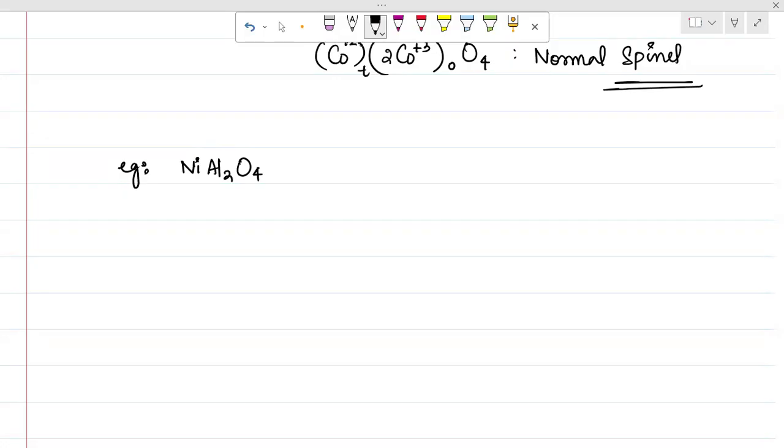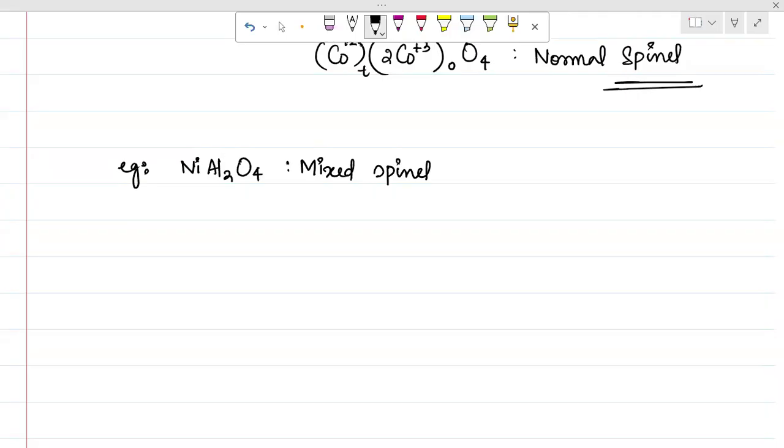Okay, this particular example. In this example, we might do some calculation and find whether it is inverse or normal, but actually this is a mixed spinel. Mixed spinel means a small fraction of the spinel will remain normal and the other small fraction will remain inverse.